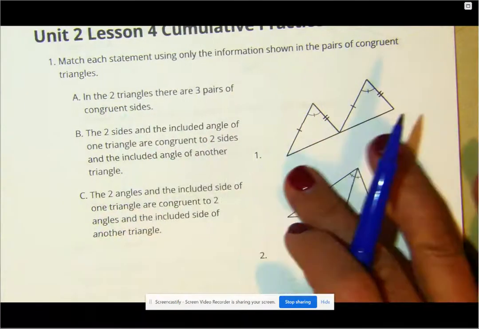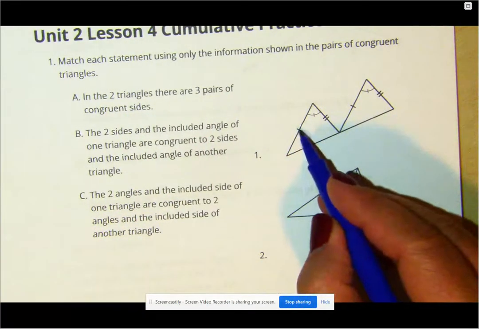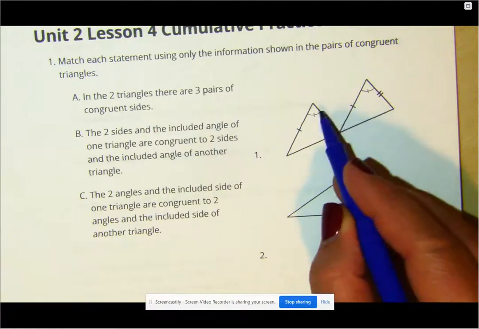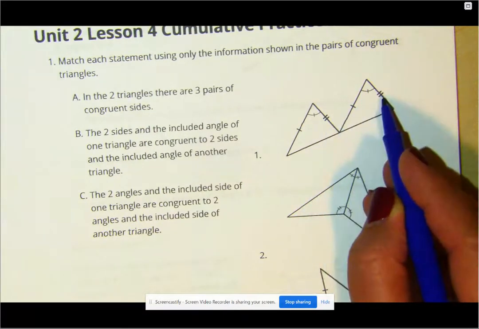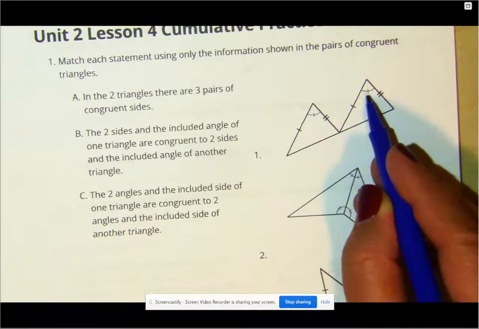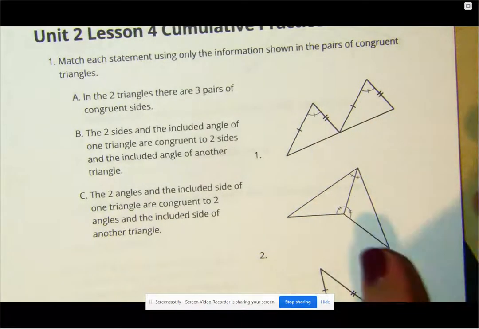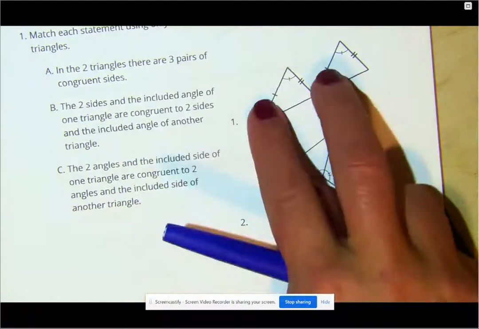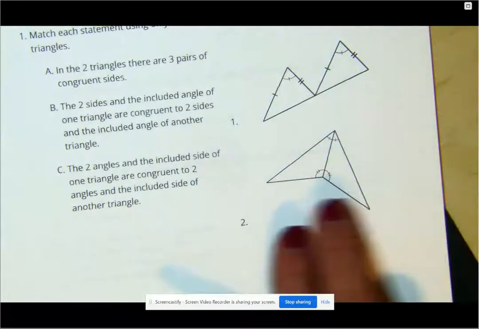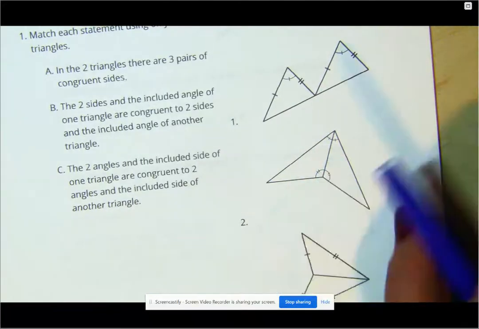So when I look at this first one, I see that side is congruent to that, angle is congruent to that angle, and that side is congruent to that side. So these markings mean angles. So I'm looking for a diagram where I have 3 sets of sides that are the same. That's 1, 2, no. This one has no sides that are the same.